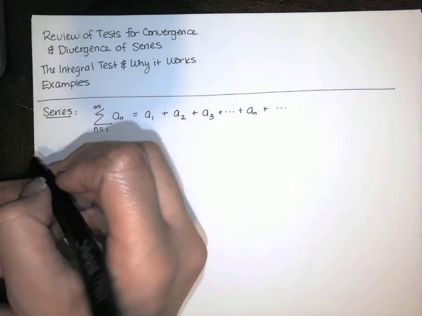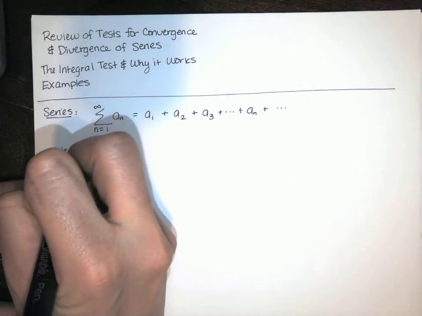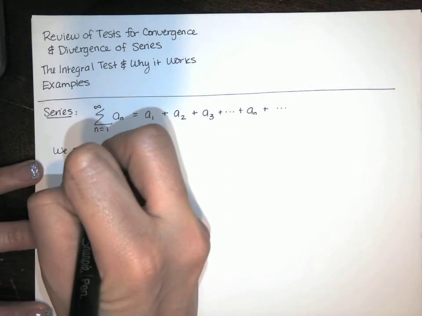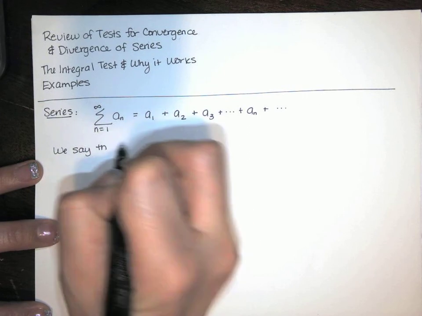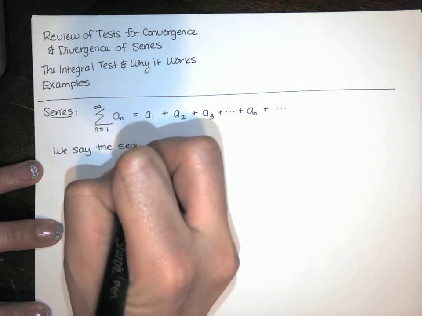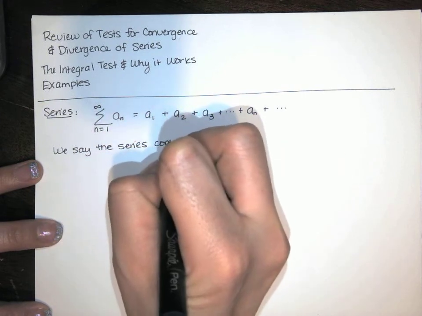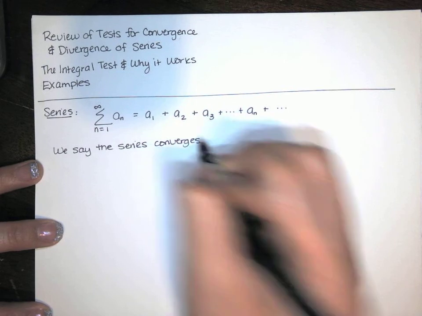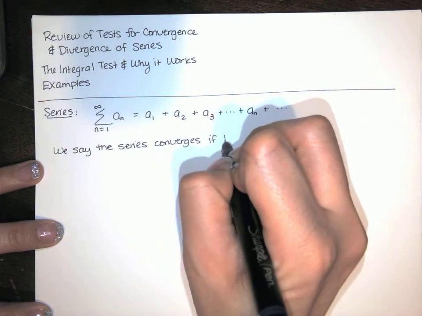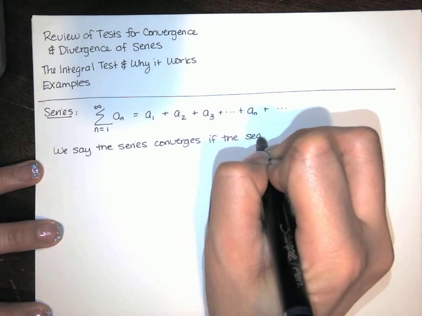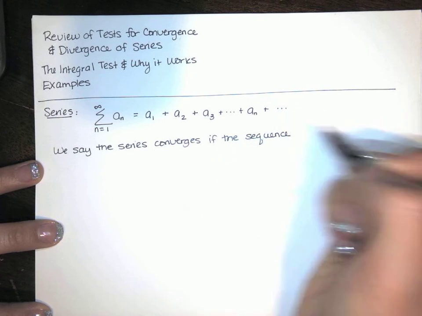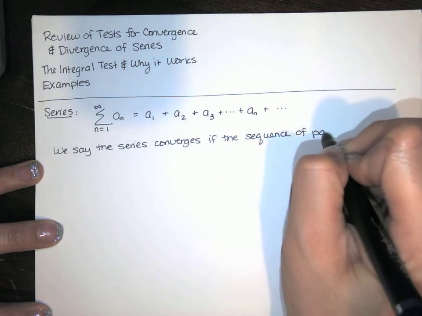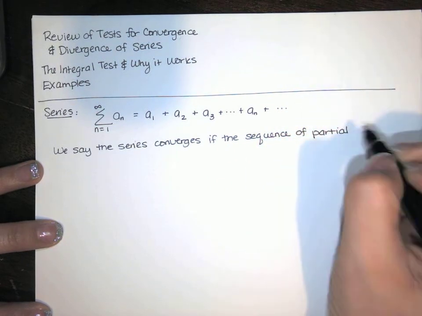Now remember, we say that this series converges if the sequence of partial sums converges. And then remember, partial sums are represented by s sub n.